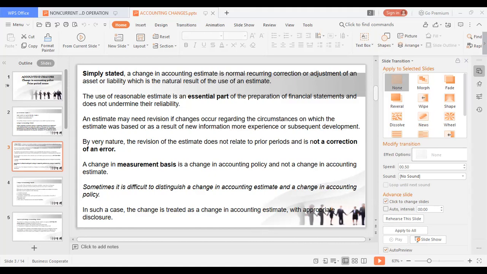Now we go to problem 9-7. Problem 9-7. It's asking for what adjustment is required to retained earnings on January 1, 2020, and what amount of the development cost should be expensed in 2020. Now, Animos Company provided the following information at year end.